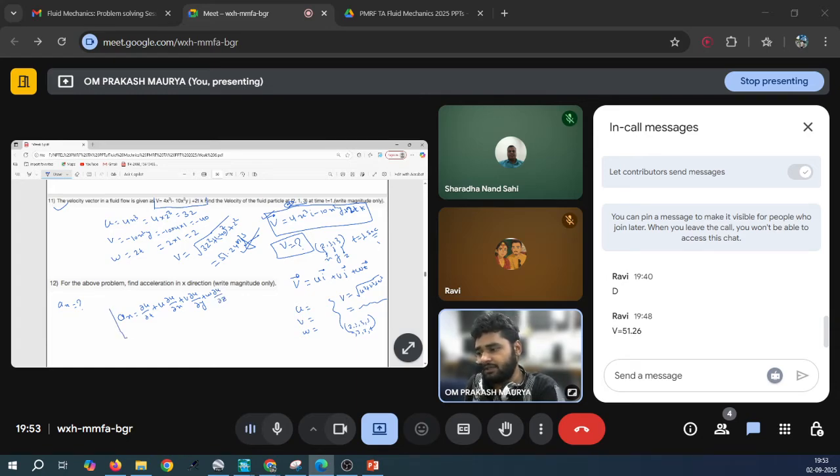So this is the formula for ax, or acceleration in x direction. So you need to find out this only. Here also you need to write the magnitude. So we'll take the square root after your final answer.